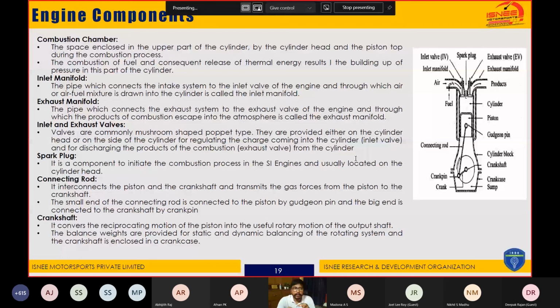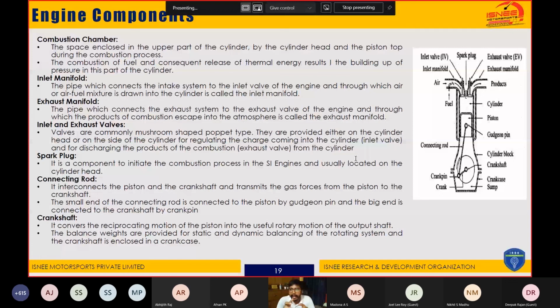This one opens, so air-fuel mixture comes in, and this one opens, the exhaust goes out. They are controlled by the cams on the camshaft. They have a perfect timing of opening and closing, so that the engine cycle is not disturbed and runs very smoothly.